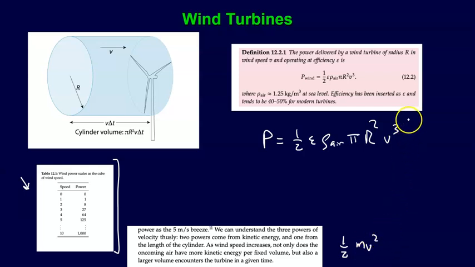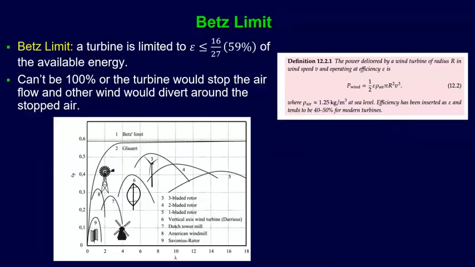There are three powers of velocity here. Two of them come from the normal equation, 1/2 m v squared. The third comes from the fact that if the wind goes faster, more wind is going to be passing through there. So it's like an extra term of velocity because of this.